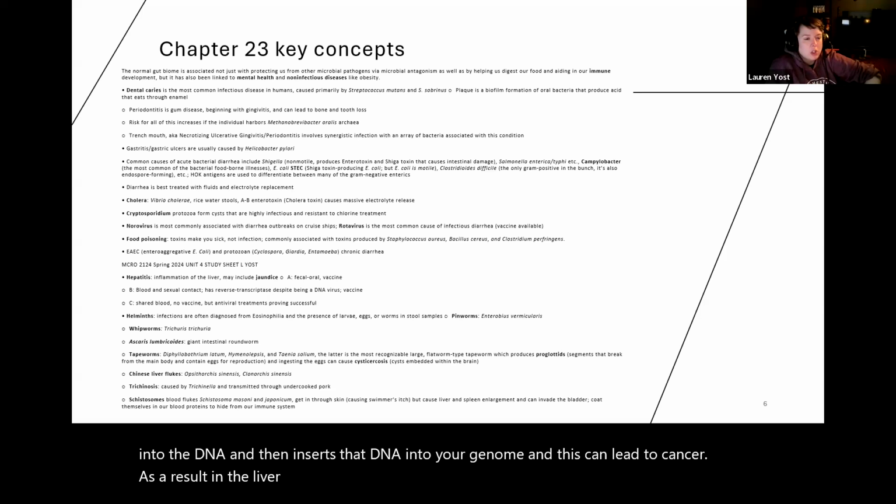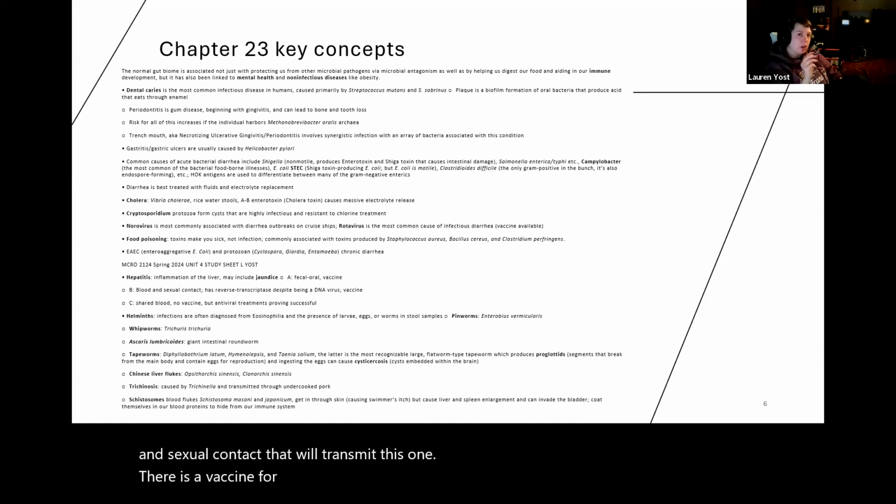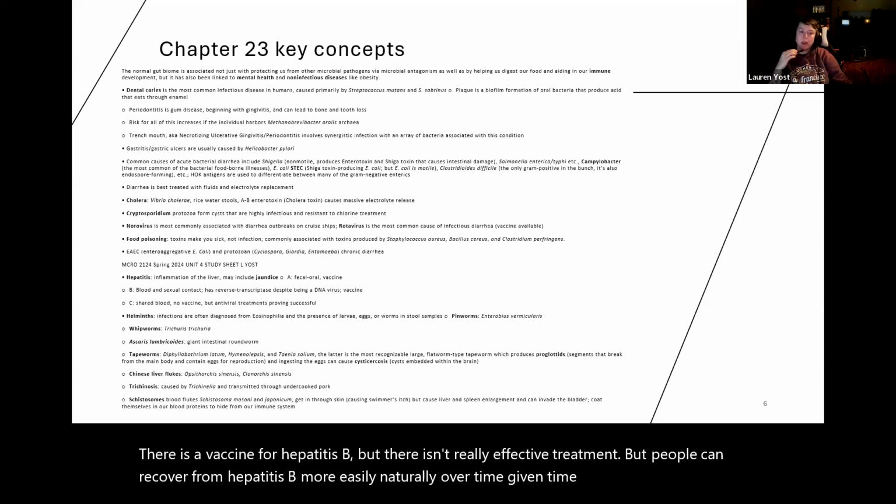And so this is transmitted by a small amount of blood. So this is blood and sexual contact that will transmit this one. There is a vaccine for hepatitis B, but there isn't really effective treatment, but people can recover from hepatitis B more easily, naturally, over time, given time to deal with that.